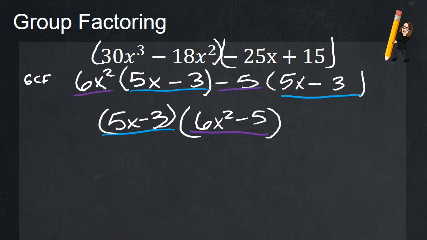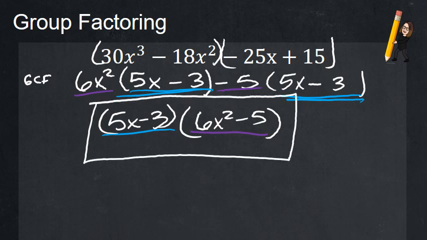Okay, so technically you're doing the GCF twice. It just happens that your greatest common factor is a binomial that I've identified in blue. Then we always double check, do I have any difference of squares, any other GCFs or simplifying I need to take care of? And I don't. So that would be my answer to that question.